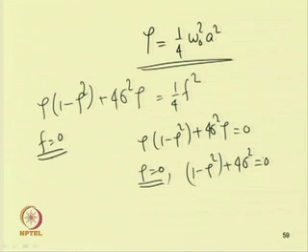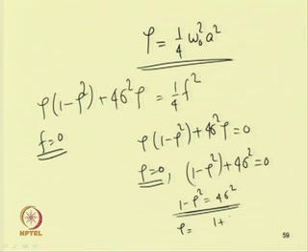So, in rho sigma plane, either rho will be equal to 0 or from this equation one can find 1 minus rho square equal to minus 4 sigma square, and rho will be equal to square root of 1 plus 4 sigma square.